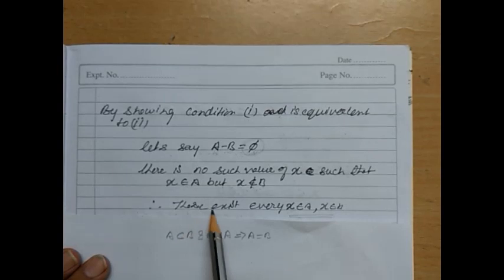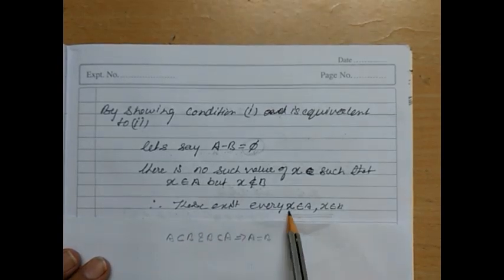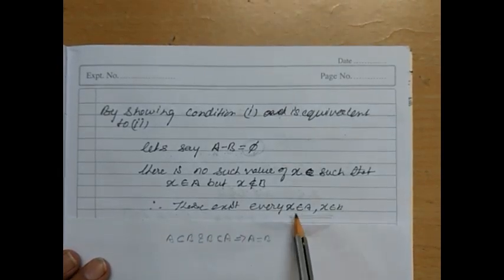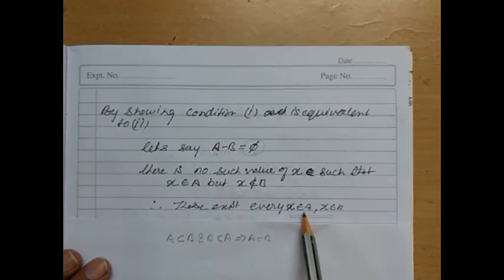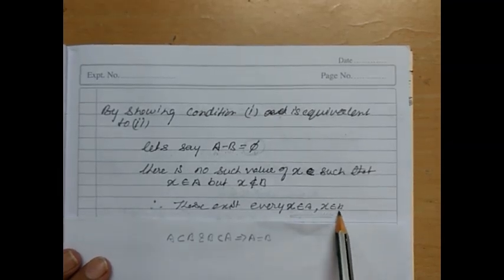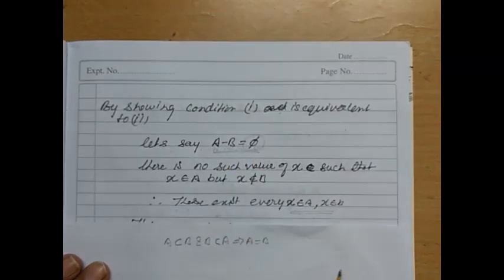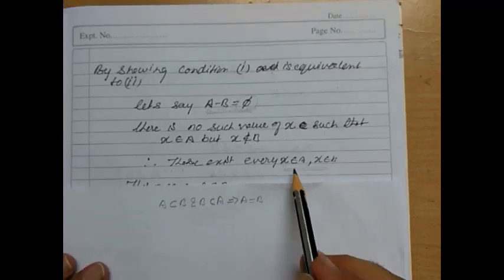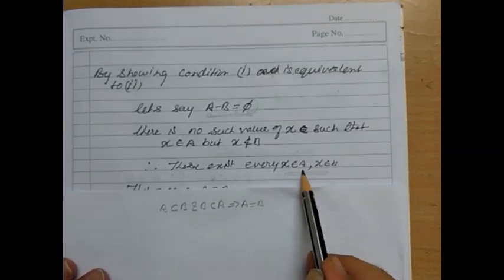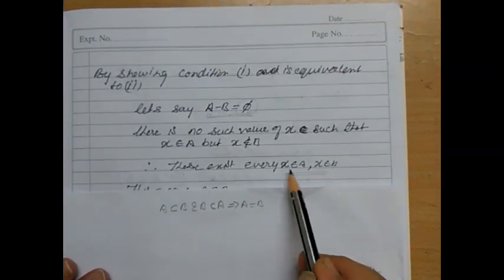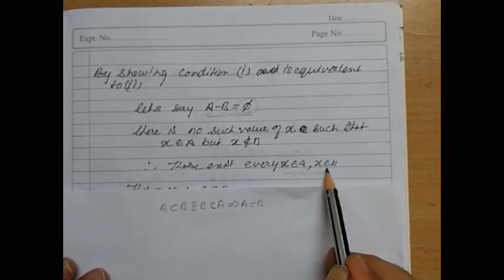When every element of A, that means every X belongs to A and every X belongs to B. So then only this situation will arise, isn't it? So here if all the X belongs to A and X belongs to B, then we can say A is a subset of B.